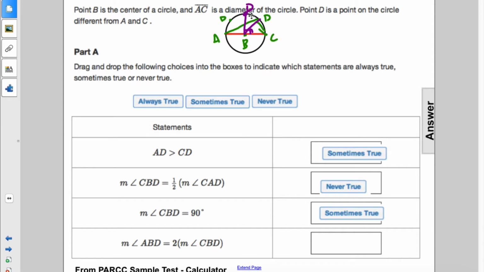And then finally, the measure of angle ABD, so this angle here, equals 2 times the measure of angle CBD. CBD is here. So I guess sometimes, like if D was here, and that might be 2 times the measure of this one, but if D was over here, that would not be true. So this one is also sometimes true.